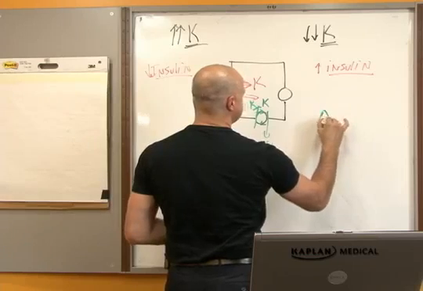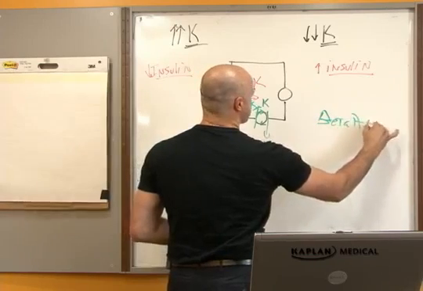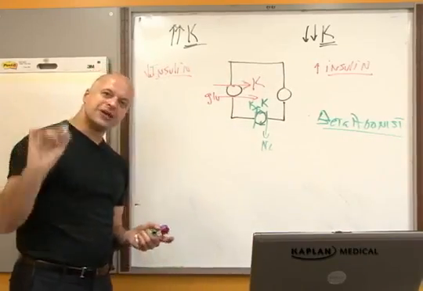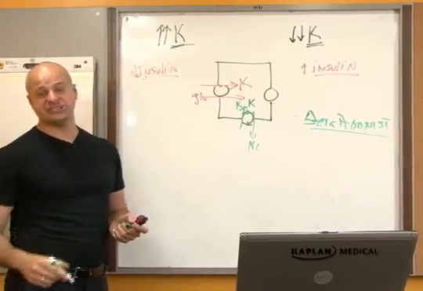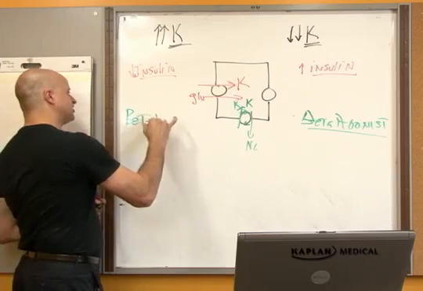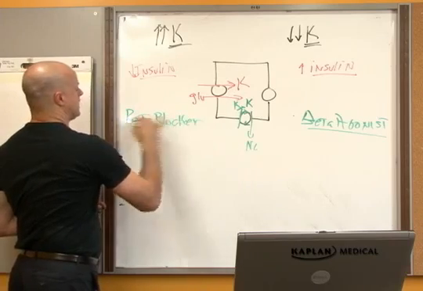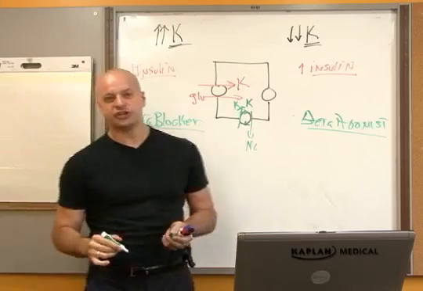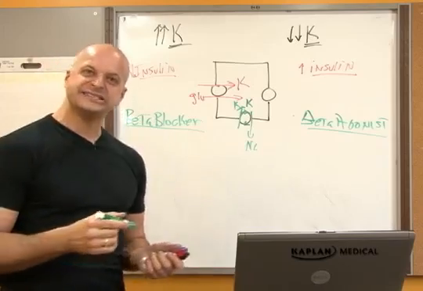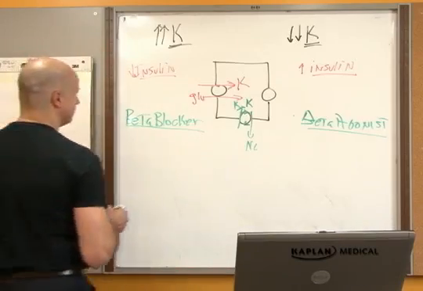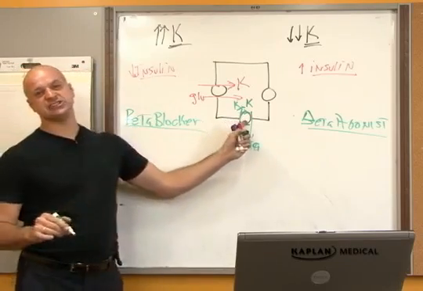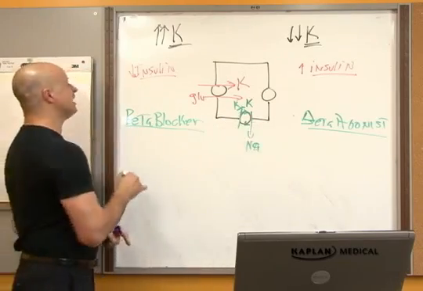Anything that is a beta agonist increases the action of the sodium-potassium ATPase, and if you increase its action, you drive potassium into cells. If you block the sodium-potassium ATPase, the potassium builds up outside the cells.